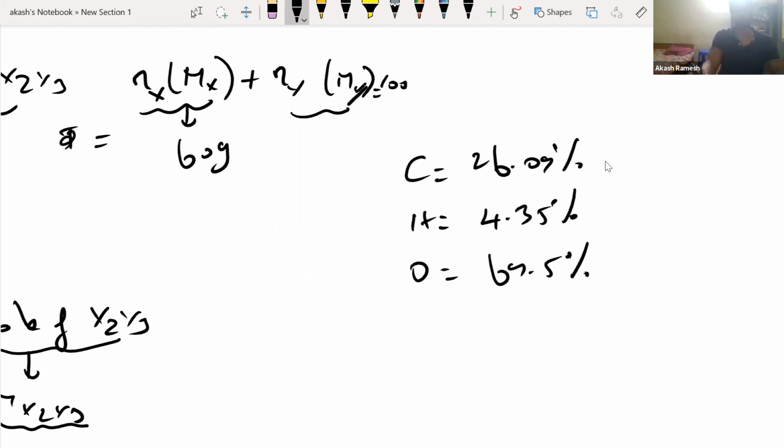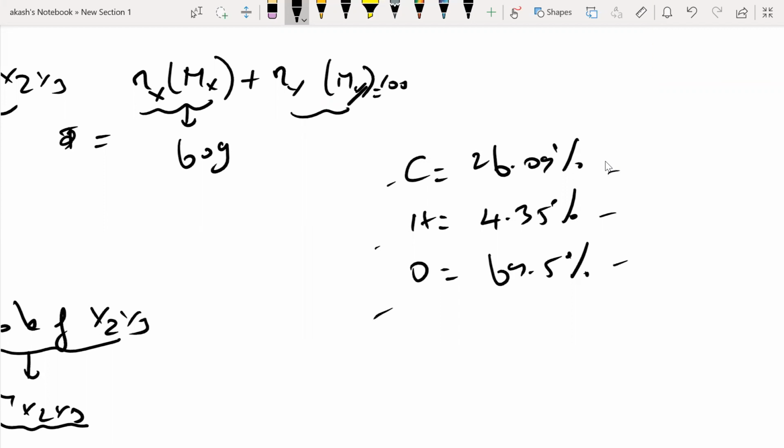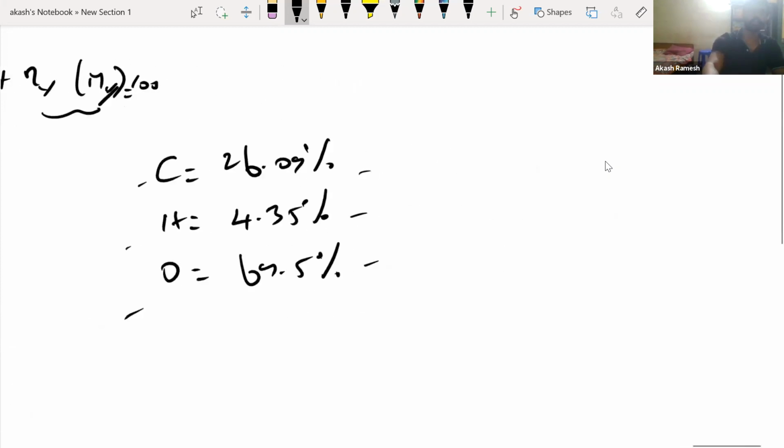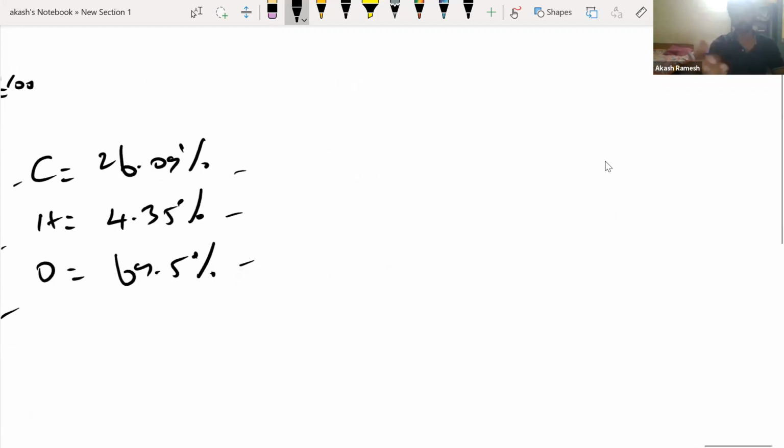So this is the percentage composition. Basically, you know that carbon, hydrogen, and oxygen are present, and these are their percentage values. Carbon is 26.09, hydrogen is 4.35, and oxygen is 69.5. Guys, this kind of question only will be asked. They will just give you this, and the question is: find the empirical formula of the compound.